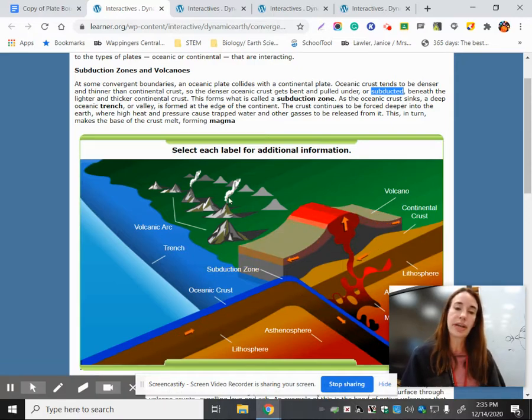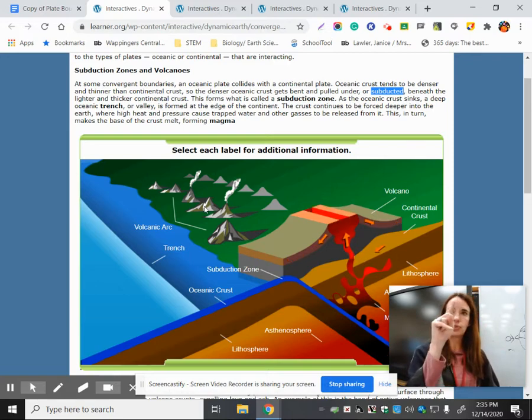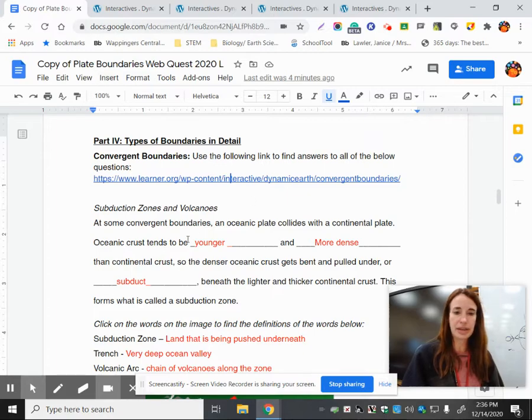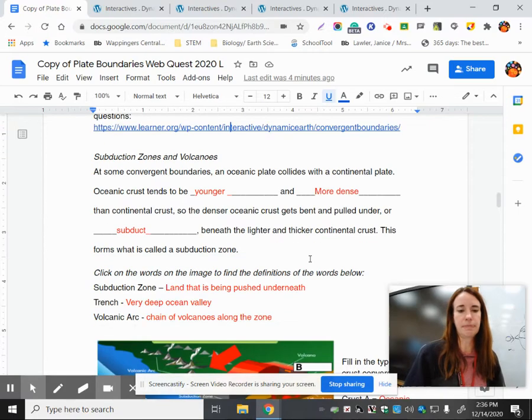If you've ever seen volcanoes, that's where they form an arc. They might form an arc, like the coast of Alaska forms one of those arcs, and you just might see volcanoes that also occur. So what we're doing here is the oceanic crust tends to be younger and more dense, and with it being younger but more dense, it's going to subduct underneath the other one.